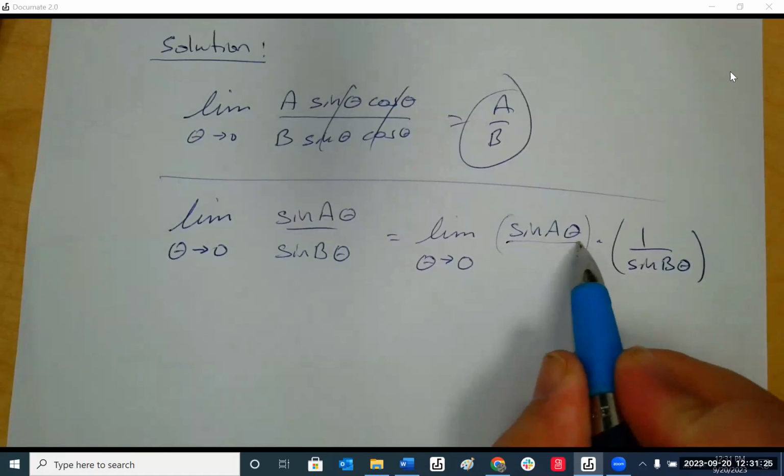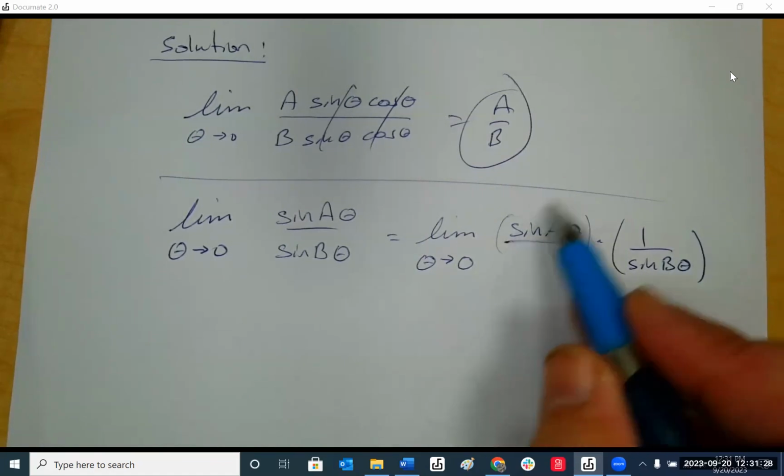Because remember, we need to have on the bottom here something to make it disappear.